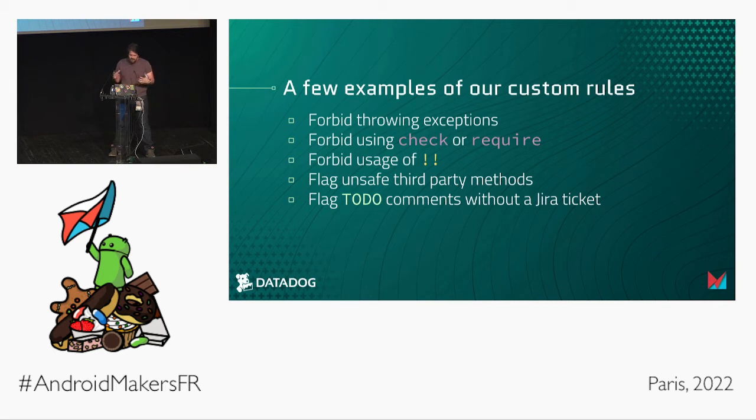The last one is not a safety thing, it's more a workflow thing. When you're writing your feature and you say, oh, at some point I would like to change this or I need to implement something else, you have a to-do comment in your code. Just to make sure that we never forget about those to-dos, we make sure that in this to-do comment line, you must have a Jira ticket reference, meaning that we do have a ticket in our backlog in Jira that says, oh, by the way, we need to do this eventually.